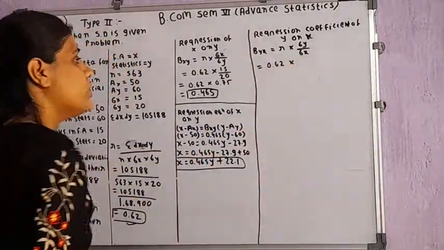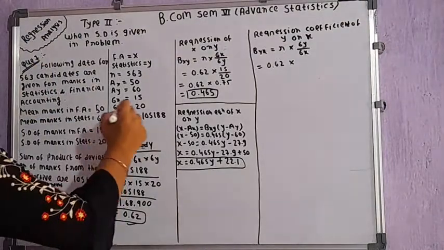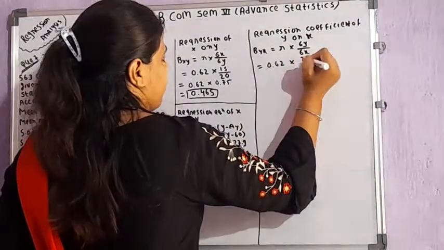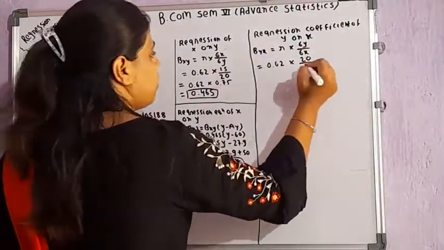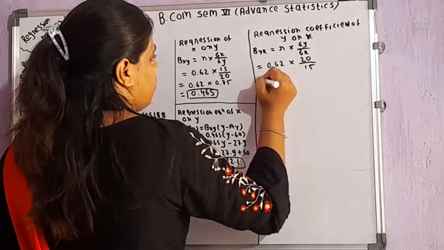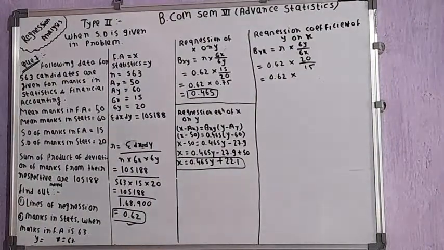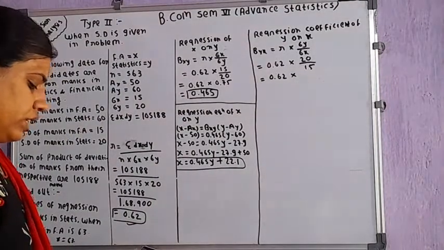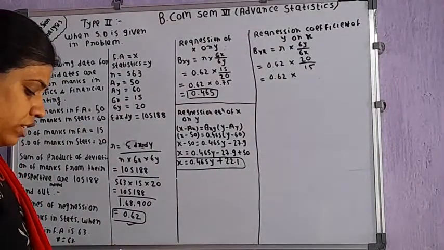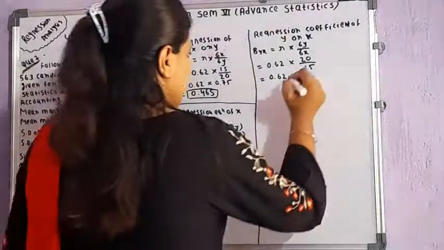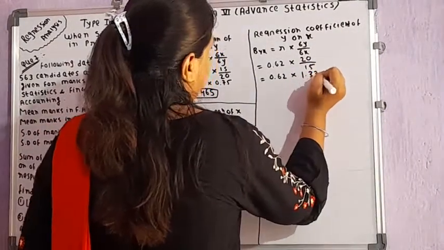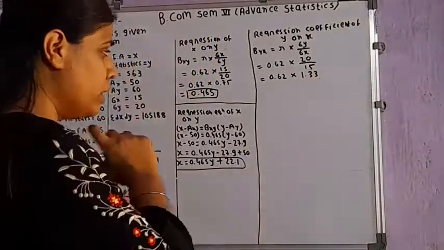What is the value of standard deviation of y? 20. What is the value of standard deviation of x? 15. So 0.62 into 20 divided by 15. 20 divided by 15 comes to 1.33. We are going to consider up to two decimal points.